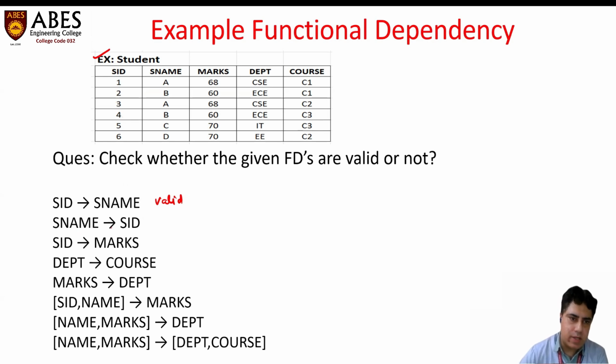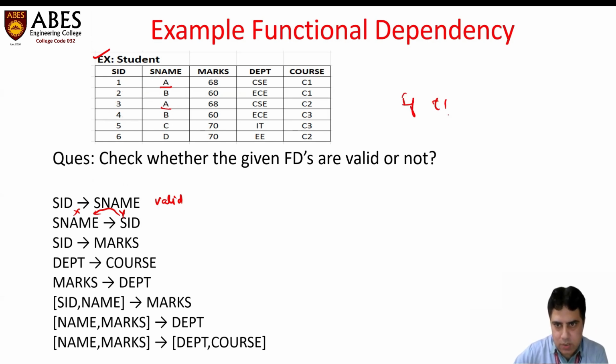This is a valid entry. Now second is student name determines student ID. The student name is X, this is Y. Now student ID is dependent on student name. So there is student name A, and another here is student name A. So both the entries must be same.